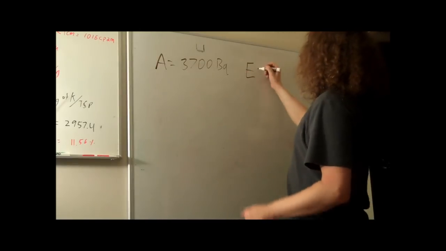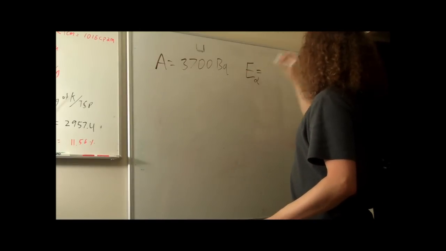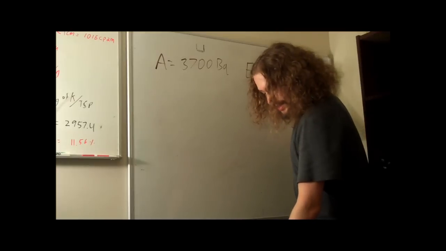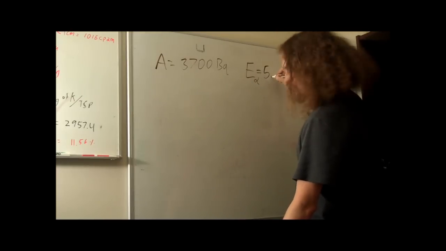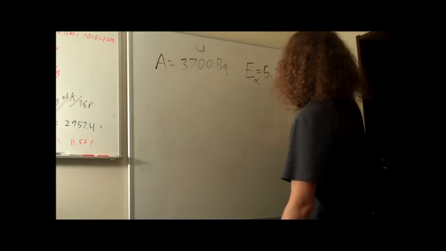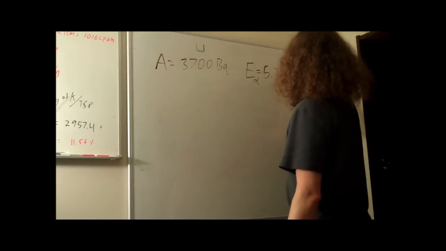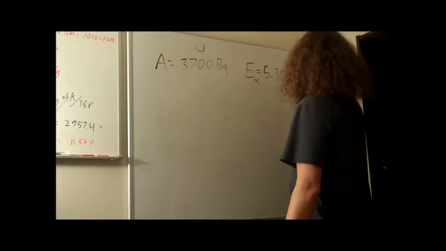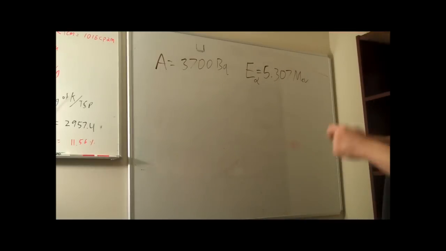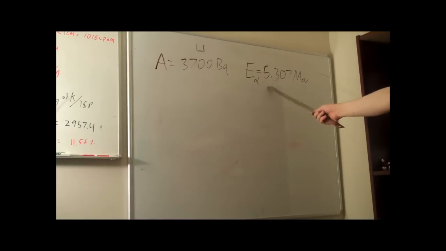The energy that we're releasing is an alpha particle, and its energy is 5.307 million electron volts.